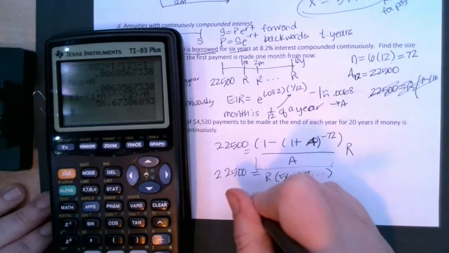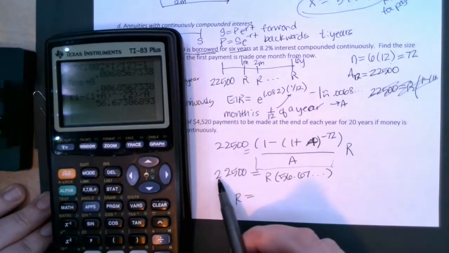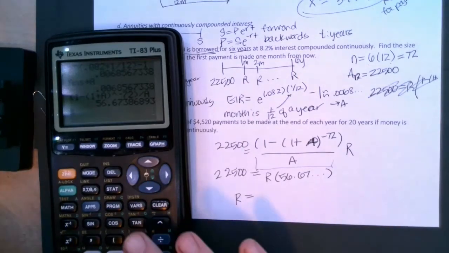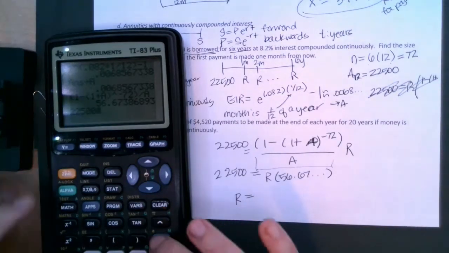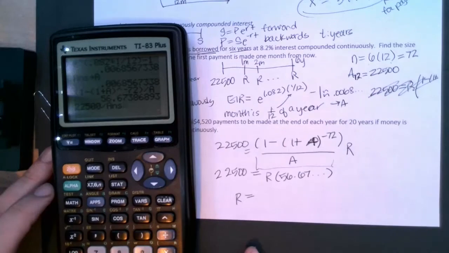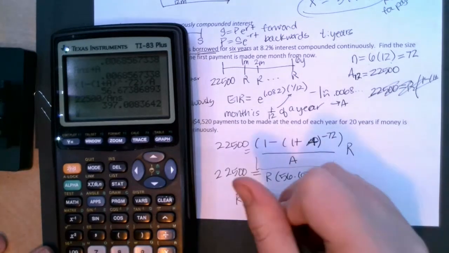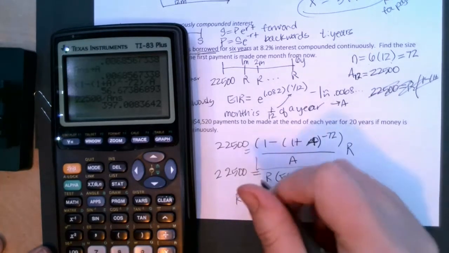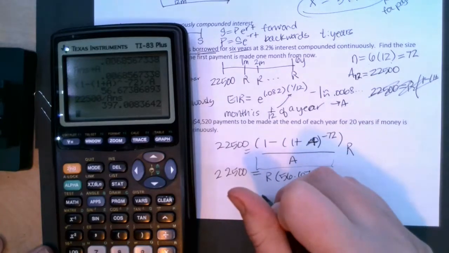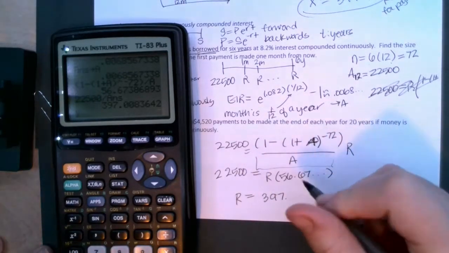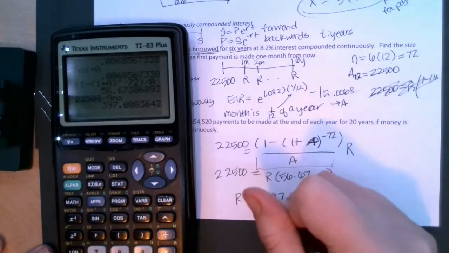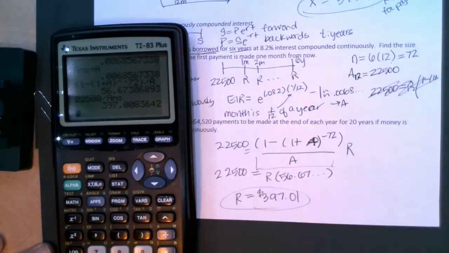So then our R is going to be 22,500 divided by that, so 22,500 divided by answer. And our regular piece here is 397.01, because again we're going to round up for payments.